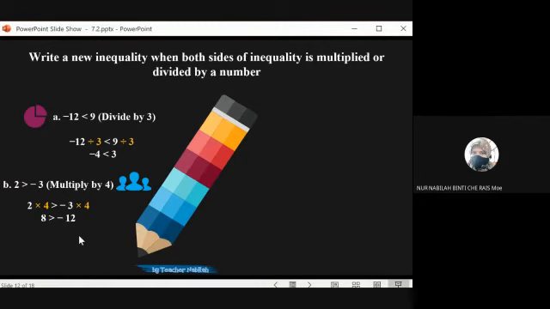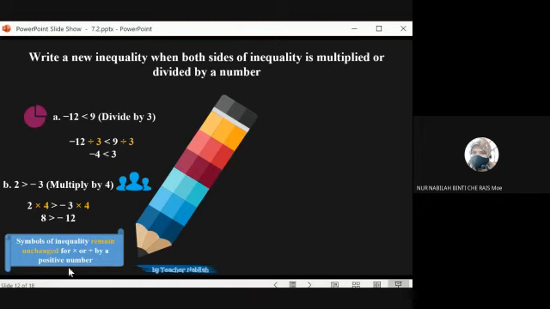What you can see here is the symbol of inequality remains unchanged when you multiply or divide by a positive number, same as the original.